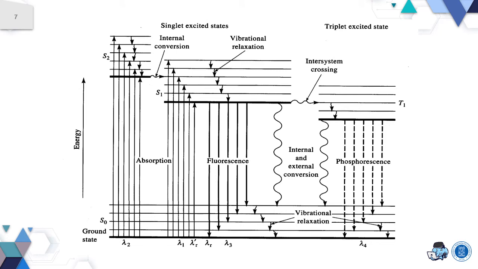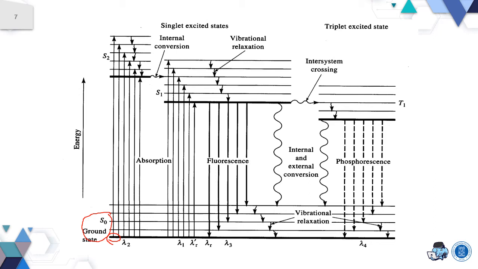So this is the Jablonski diagram, which tells us how the excitation of the electron relates to the energy levels. Here you can see S0. We usually call the ground state S0, and you can see the lowest vibrational level of S0 is drawn as a bold line.